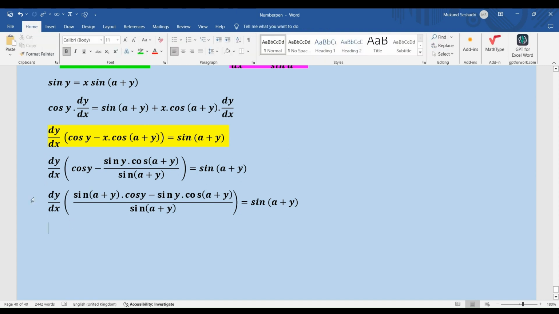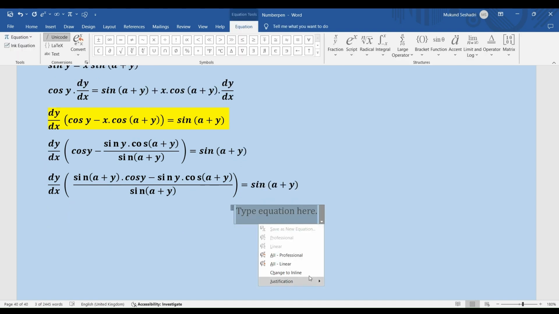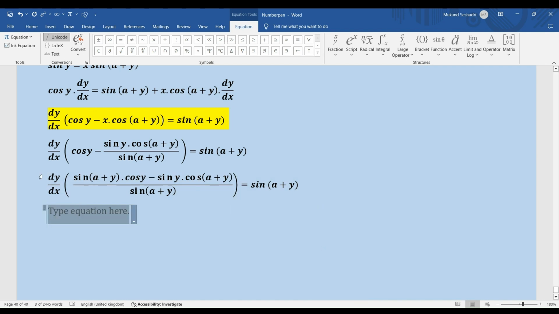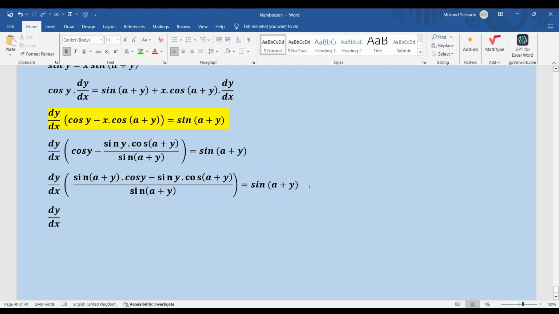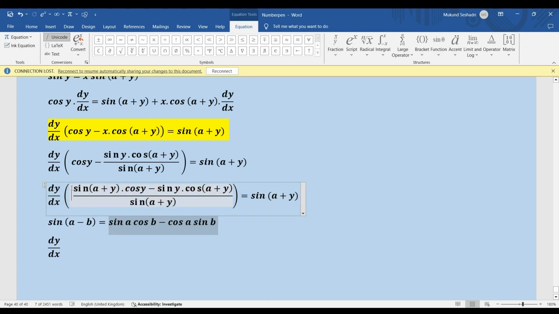So we have an expression which we can relate to one of the trigonometric identities which we know, which is nothing but our sum and difference identity in trigonometry, right? So we have sin A cos B minus cos A sin B. And what is that? I'm going to write that here for you. And I can relate this particular expression, right? The numerator here, which is sin(a + y) into cos y minus sin y into cos(a + y), is nothing but, let us write this again.